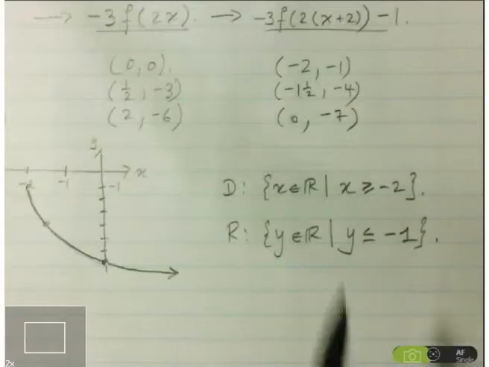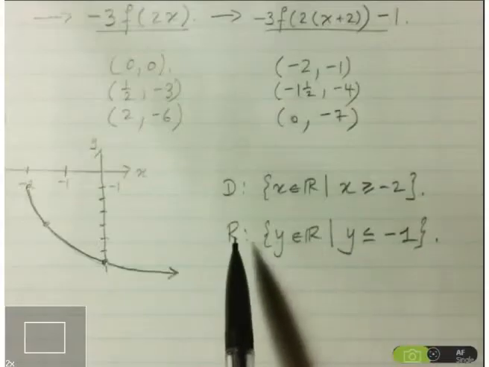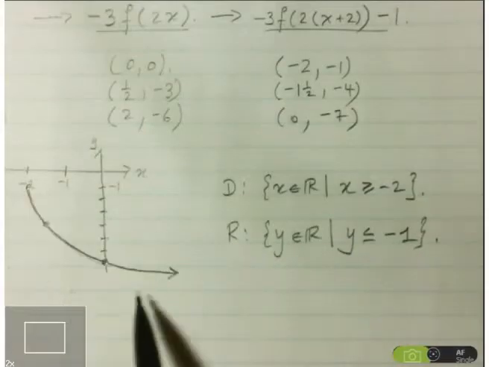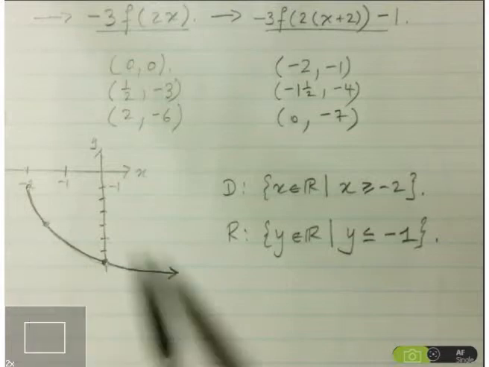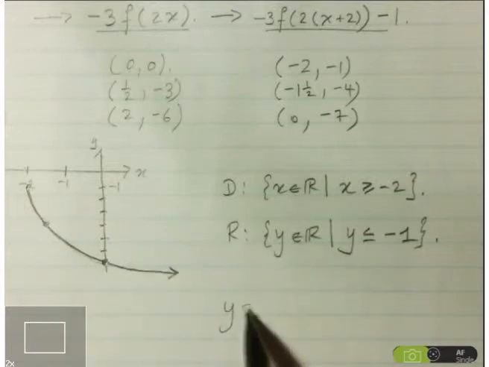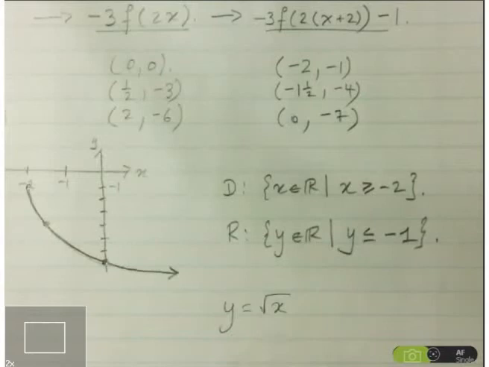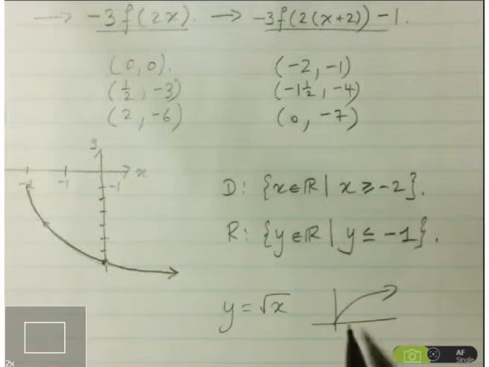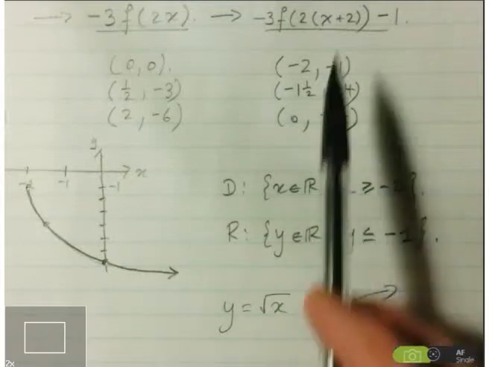Now say the question was just to find the domain and range. Do you necessarily have to graph the function? You certainly could to help you read off the domain and range. However, you could also start with the function root x, which we know has a domain and range of x greater than or equal to 0 and y greater than or equal to 0. And you could look at the transformations.